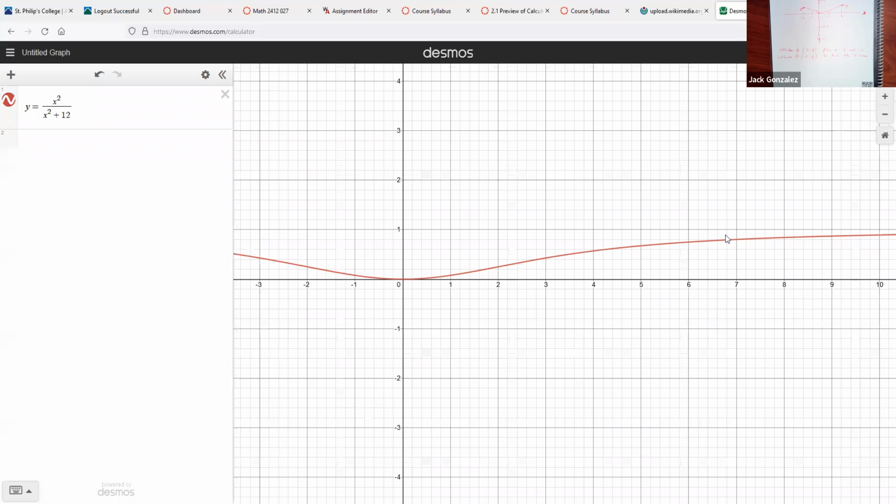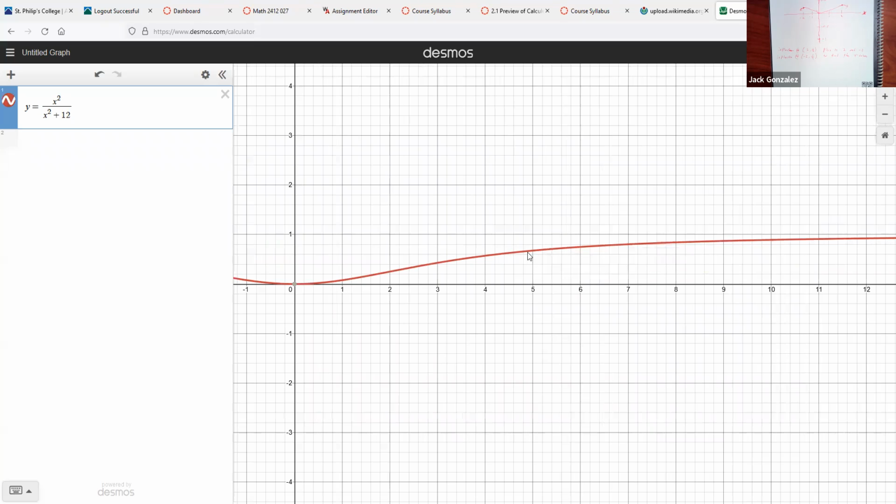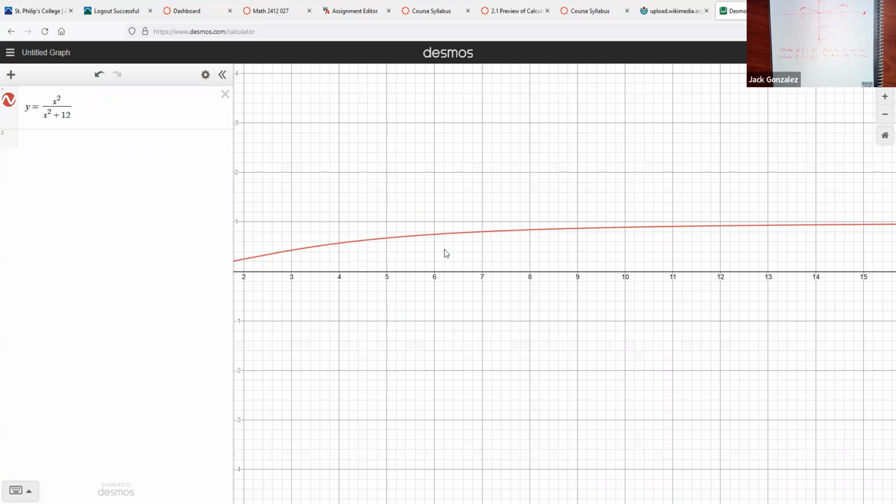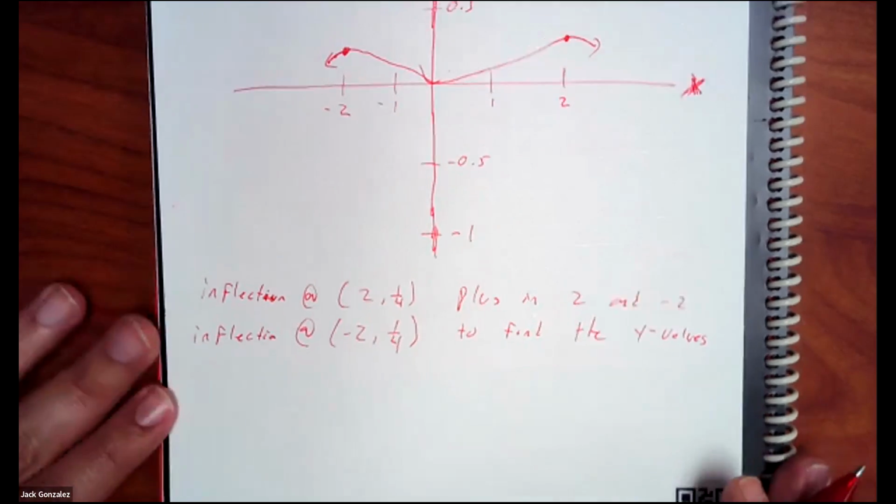Yeah, do you see the asymptote? It's approaching 1. So there's an asymptote up here, and that's because of the degrees.